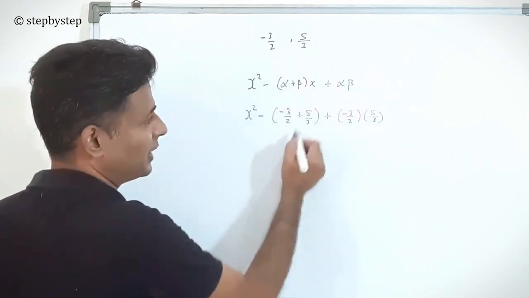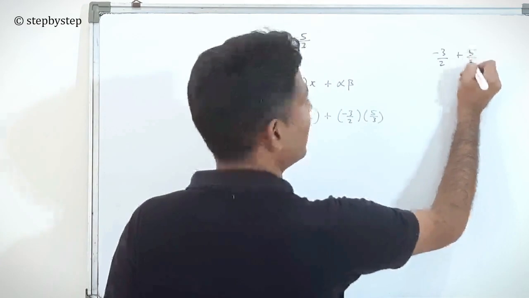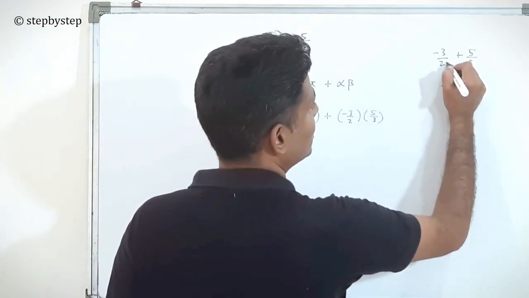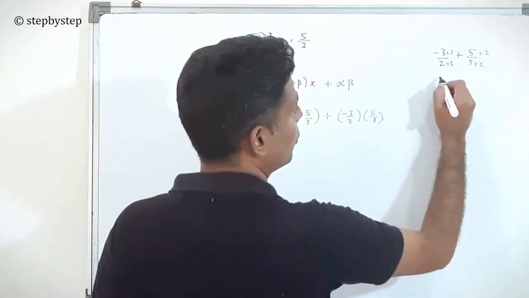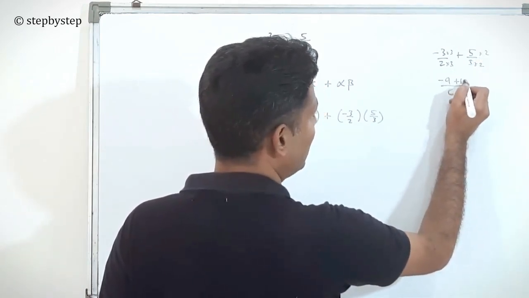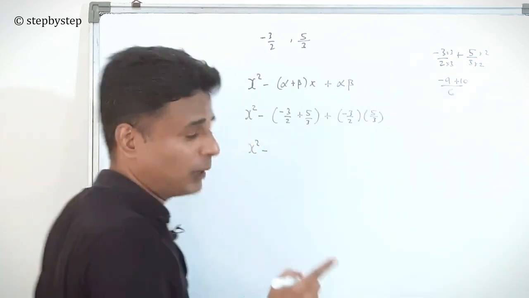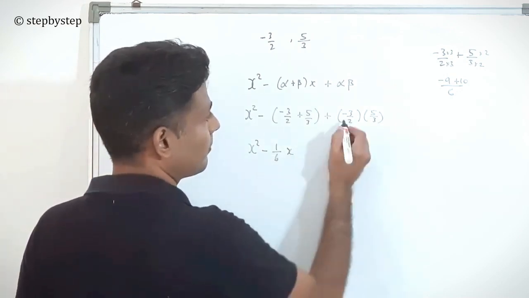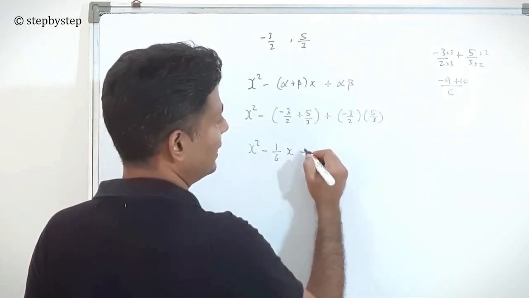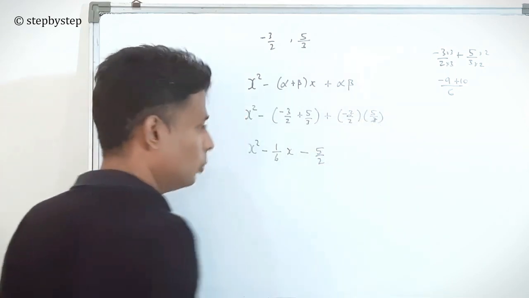Now minus 3 by 2 plus 5 by 3, we need to take the LCM. LCM would be 6. So here into 3, and into 2. So I'll get minus 9 plus 10 by 6, which means it is plus 1 by 6. Minus into plus, minus 1 by 6 x, and here the 3 and 3 will cancel. I'll get minus 5 by 2.